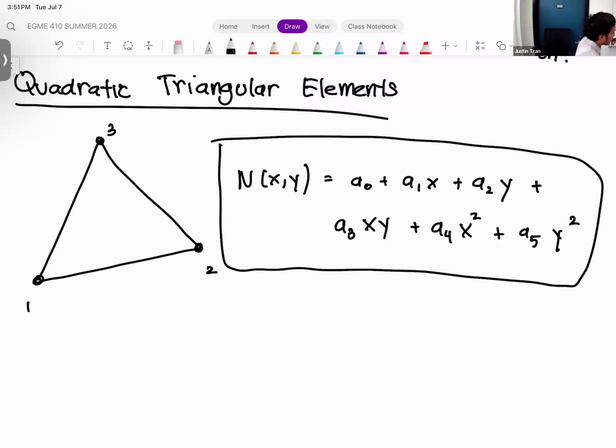The only difference between the linear and quadratic triangle is that we actually add additional nodes on the element. You might be thinking, how can we add additional nodes here and still keep it a triangle? Well, we can add additional nodes along the edges in between the other nodes. For instance, we can add a node here, here, and here. Those would be 4, 5, and 6.